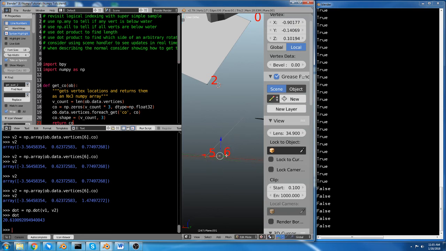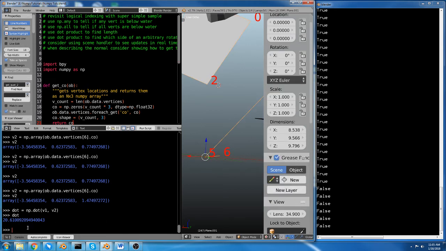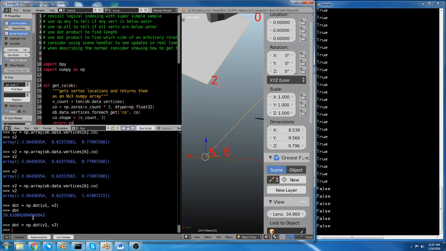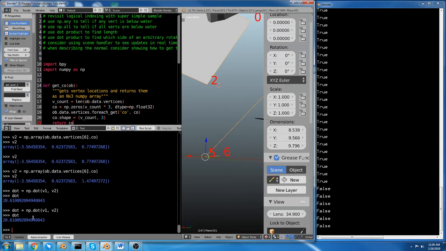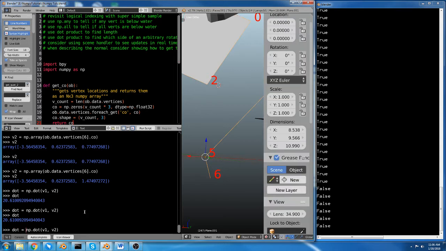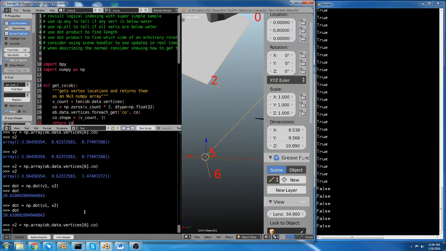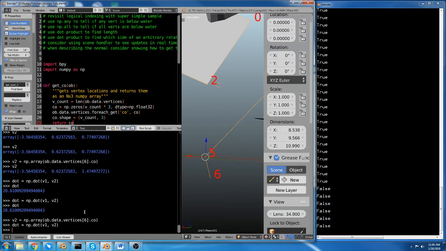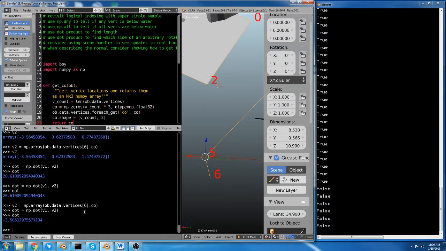Right now we're on the positive side of this plane, and the value we got for the dot product of these two is a positive value. Well, as soon as you move it to the other side of that plane, pretend like there's a plane here, now v2 equals, we have to update that, and now we do the dot product of v1 and v2. Dot is now a negative value.